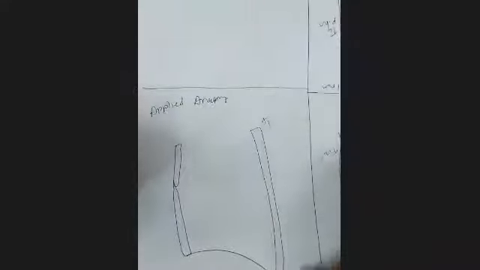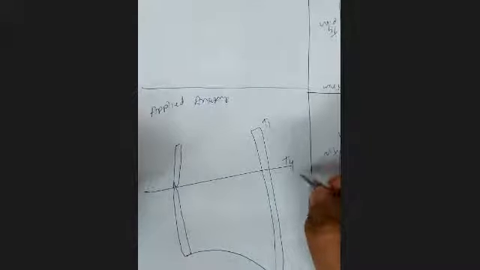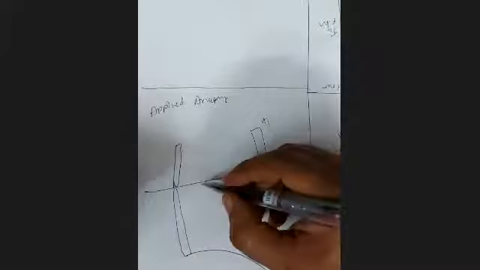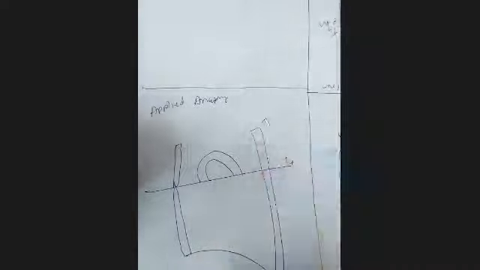This is manubrium, sternum, and this is diaphragm. This is T1 to T12. This is T4 level. This is arch of aorta. There are three layers of cervical fascia: the investing layer, pretracheal and prevertebral layer.